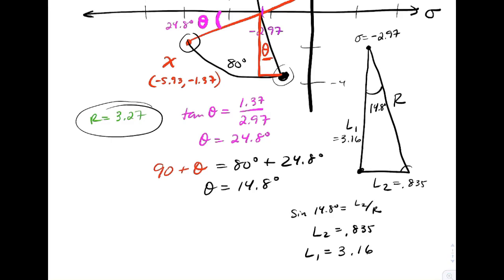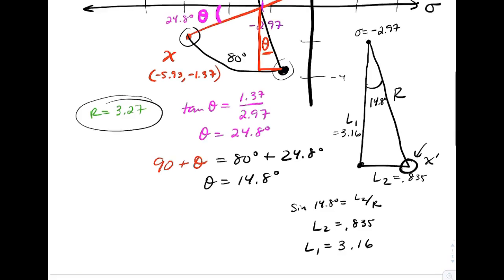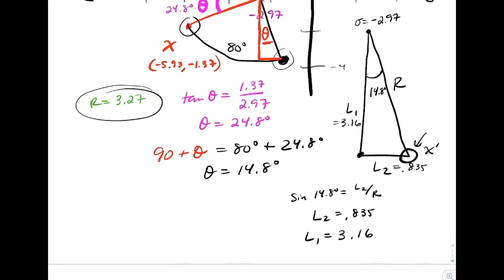So again, what we want is the coordinates. We want the location of that point, right? The x prime spot. So the coordinates of those points would end up being, for the x prime, minus 2.97, right? Which is where the top of the triangle is sitting on the horizontal axis.